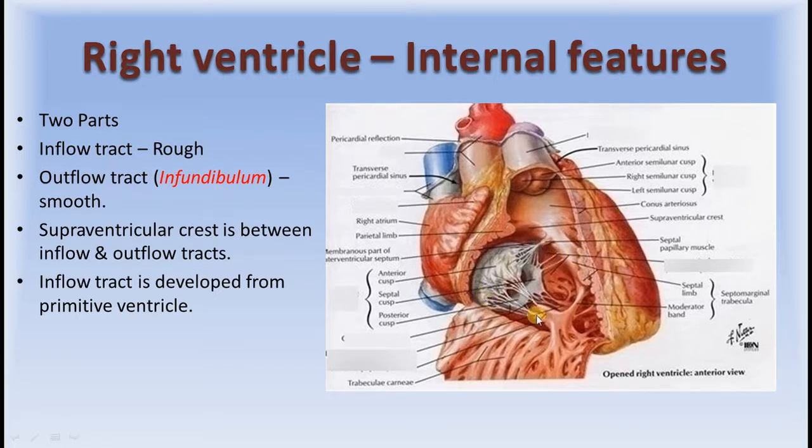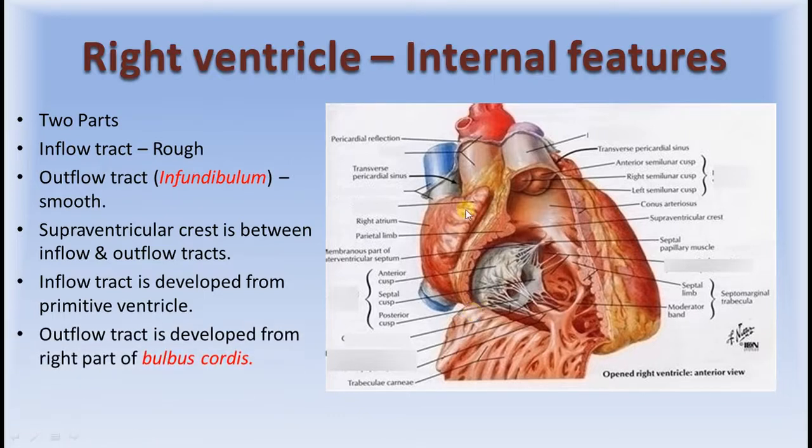The rough inflow tract is developed from the right part of the primitive ventricle, and the smooth outflow tract is developed from the bulbus cordis, also called the conus arteriosus.